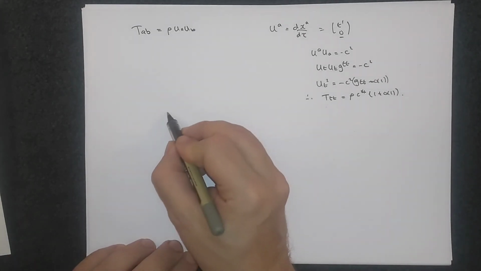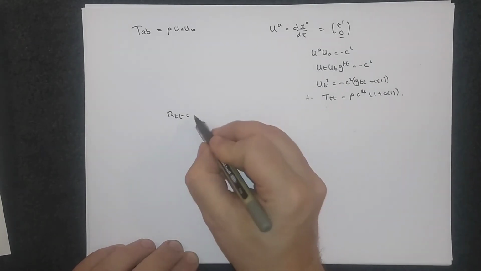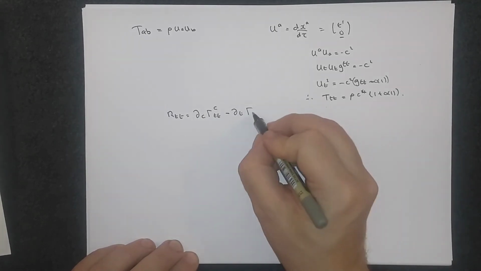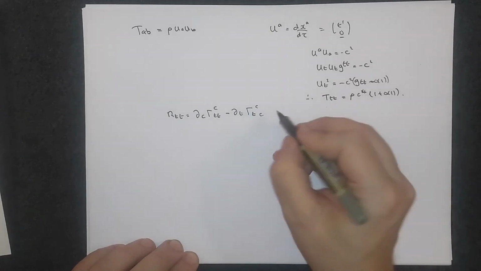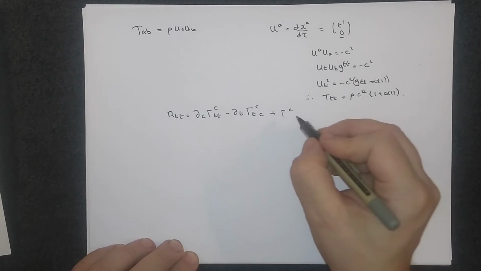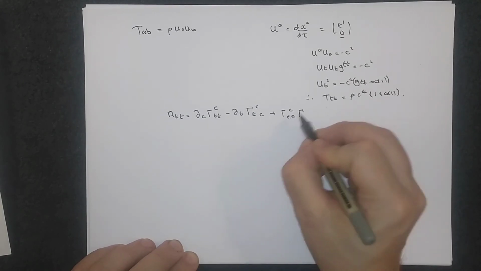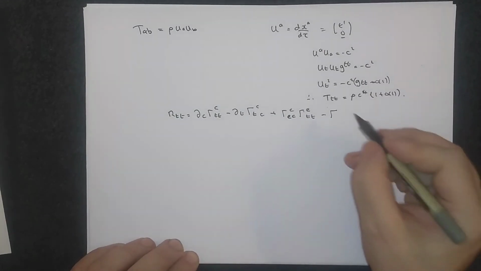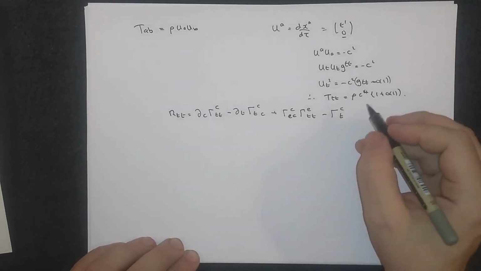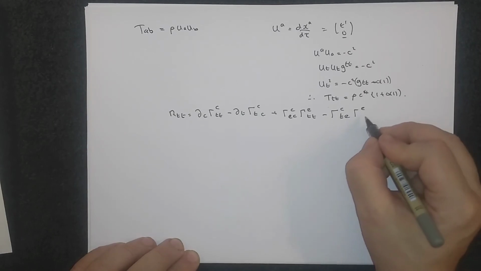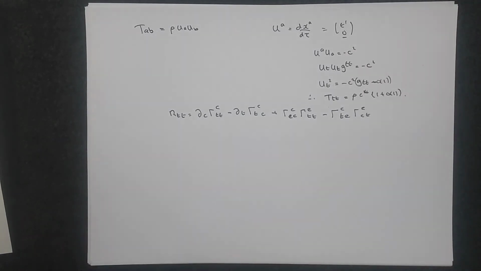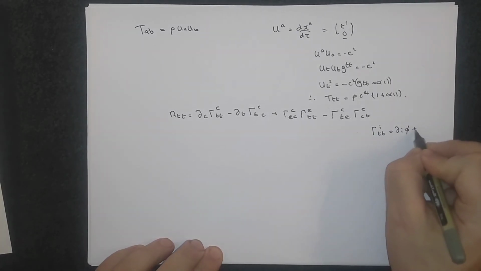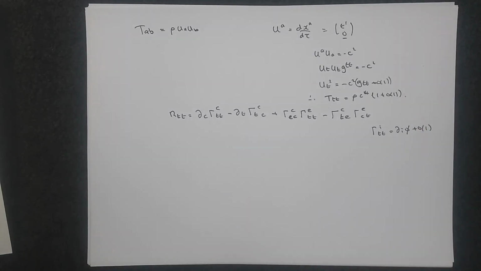Now, R_tt is d_c Gamma^c_tt minus d_t Gamma^c_tc plus Gamma^c_ce Gamma^e_tt minus Gamma^c_te Gamma^e_ct. Recall the only non-trivial Christoffel symbol is Gamma^i_tt.